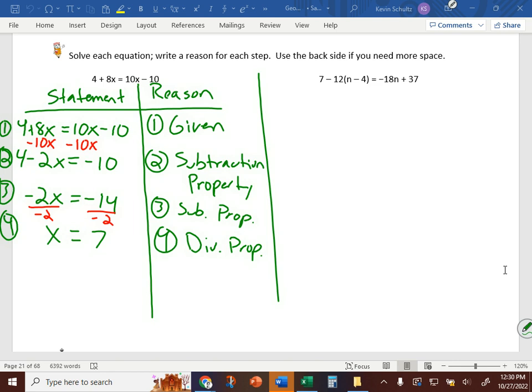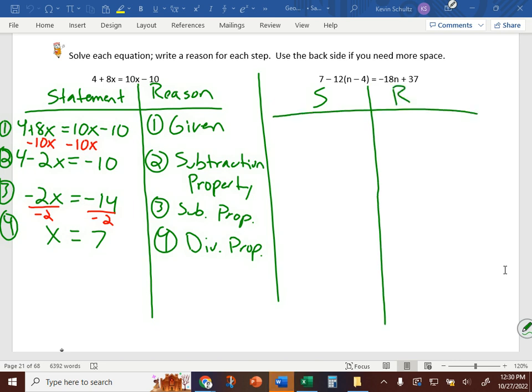Okay, next one. How do we start? Alex, how do we start this one? Do we have to make a T-chart for every single question? Yes. How do we start? We make our T-chart. Okay. We have our statements. We have our reasons.